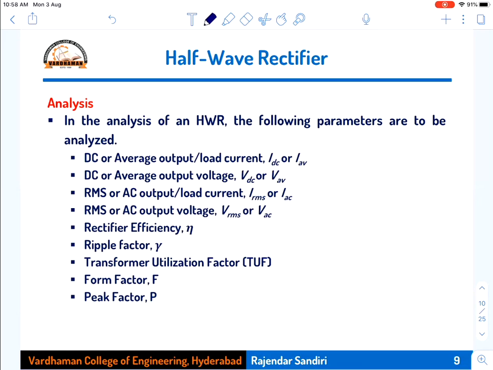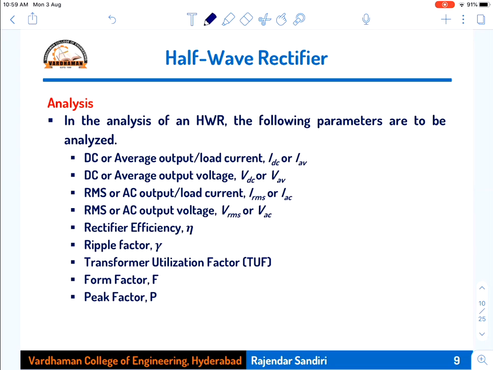That we have to calculate as the ripple factor. Then we have to calculate the transformer utilization factor. Here a transformer is used, right? So how is this transformer utilized in the process of converting AC to pulsating DC? What is the role of the transformer in converting AC to pulsating DC? And how much is that utilization of the transformer?